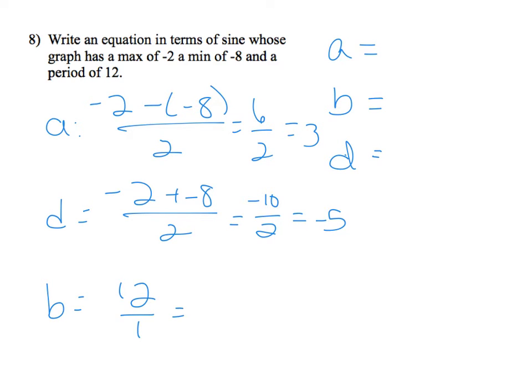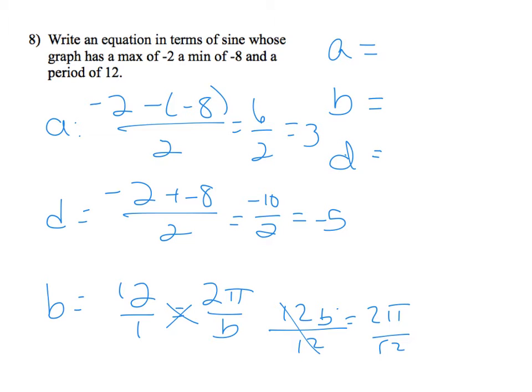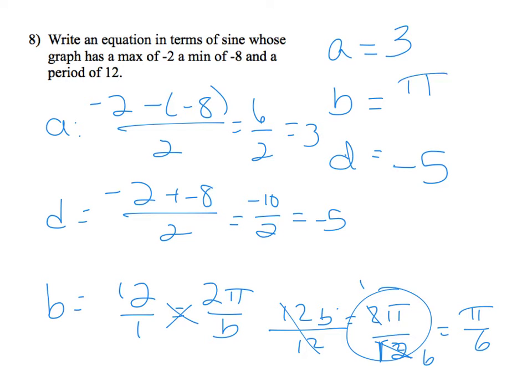12 over 1 equals 2 pi over b. Cross multiply, and I get 12b equals 2 pi, divide by 12, and you get, reduce here, that's a 12. You reduce, 2 goes into 2 once, into 12 6 times, so it's pi over 6. So putting these things in, a is 3, d was negative 5, and b is pi over 6.